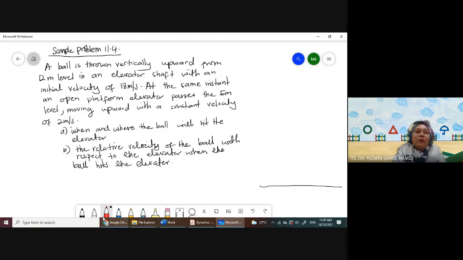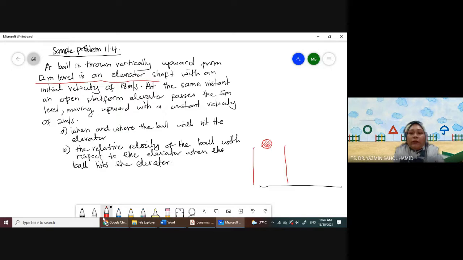Okay. A ball is thrown vertically upwards from a 12-meter level in an elevator shaft. Okay, let's say kita ada satu elevator shaft ni. Okay, there is a ball which is thrown at a 12.